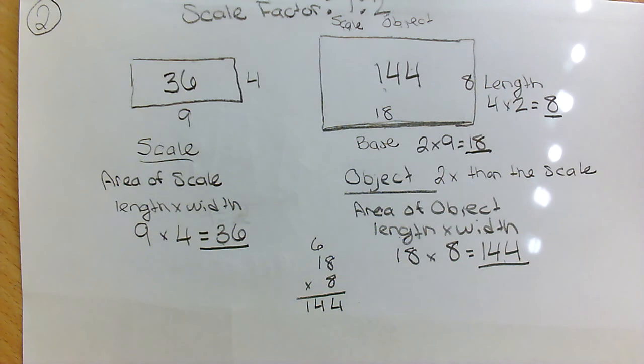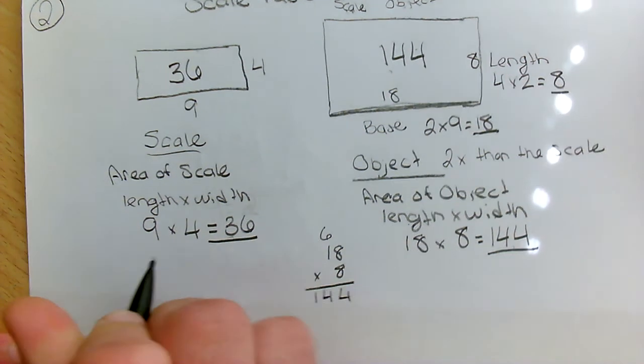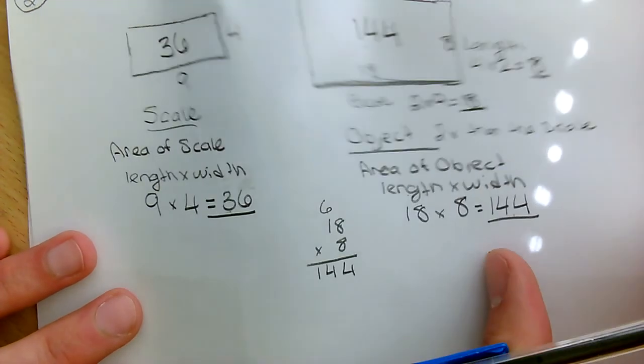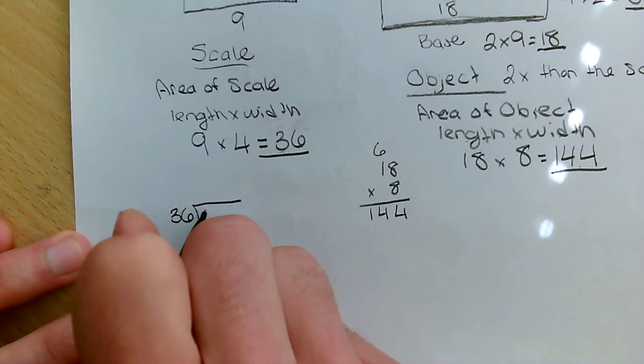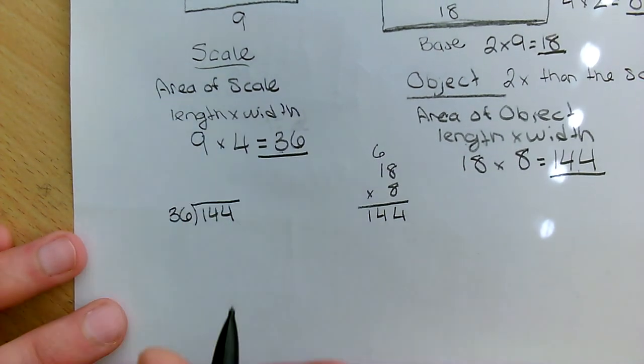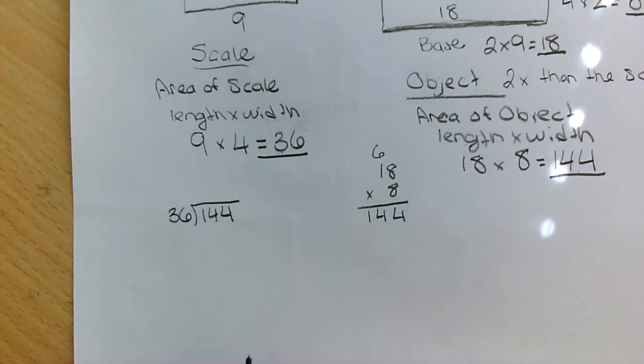It should be, if we just do simple long division, 36 goes into 144. Can we do that? Nope. So we got to figure that one out.